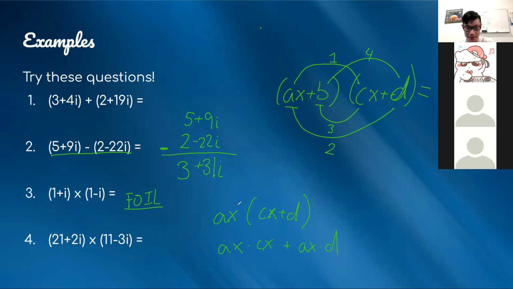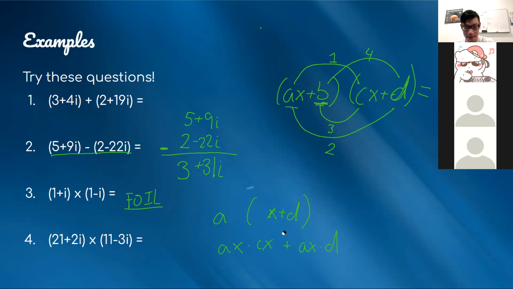Because that's how distributive property works. We have to multiply this number by this, and we have to multiply this number by this. But now that we have this b, we do the same thing as here, but then we also have to add on what we do with b, right? So step number 1, ax with this first one, ax with the second one, and then we move on to b. So b with the first one and b with the last one.